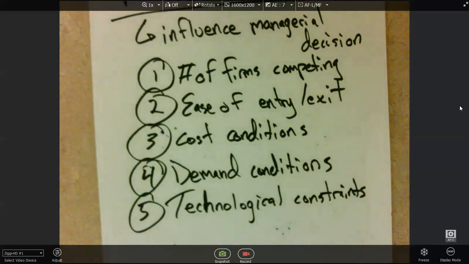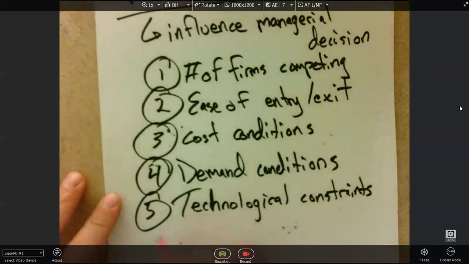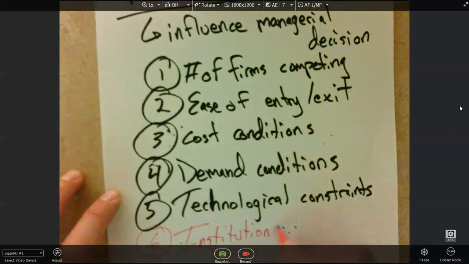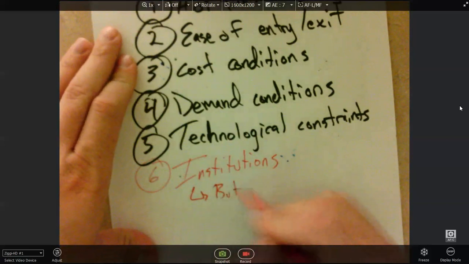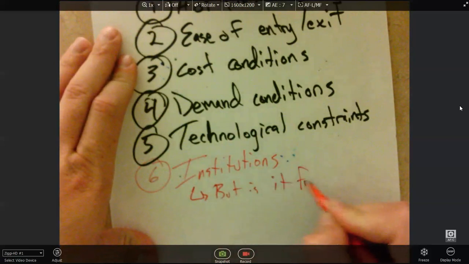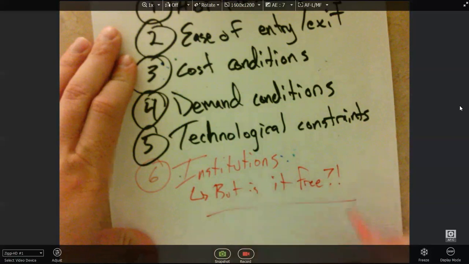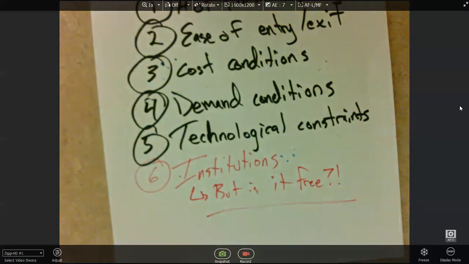That's a great point. But is it free? I mean, it's supposed to be, or ostensibly they have free market policies or whatever, but yes, absolutely.